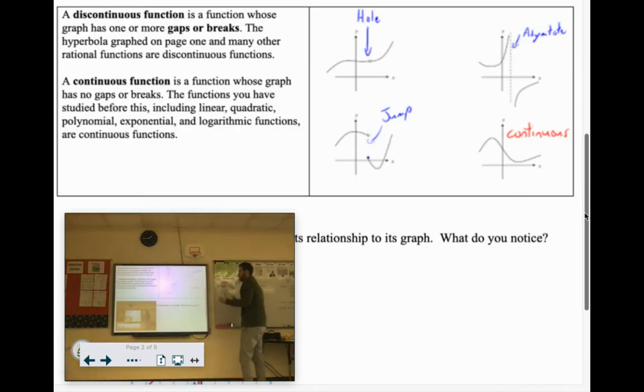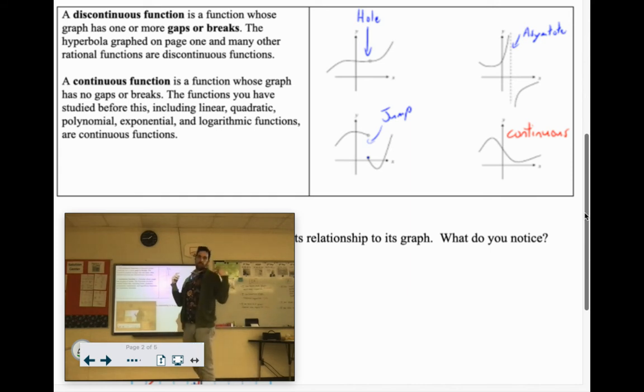All right, sure. There are certain holes or breaks in some of these graphs. And again, this is going to be like where you can't divide by 0. So a discontinuous function is a function whose graph has one or more gaps or breaks. So if this was zoomed in a little bit, you'd see like an open point on this graph, and that is considered a hole.